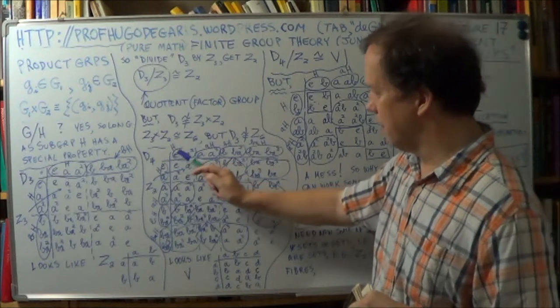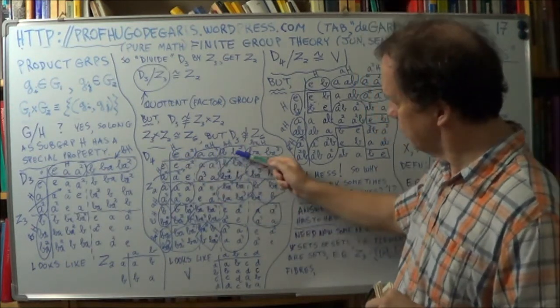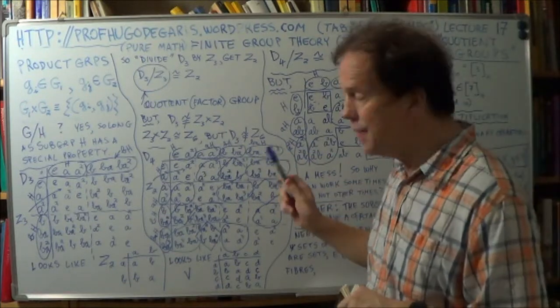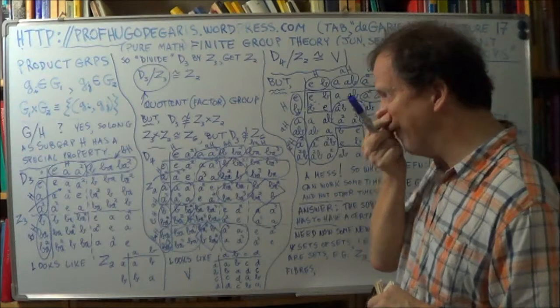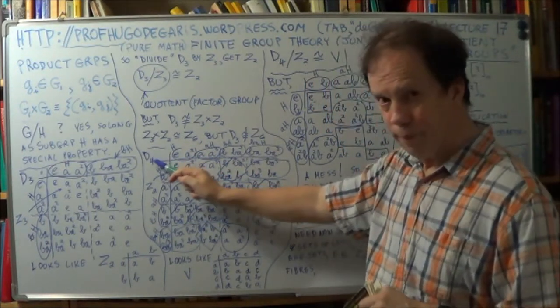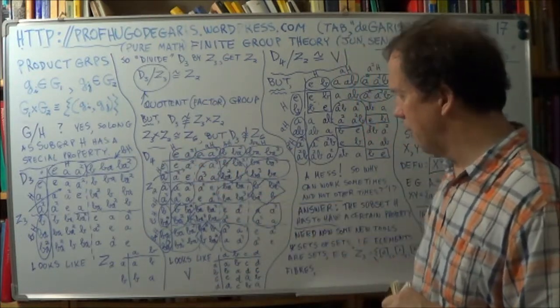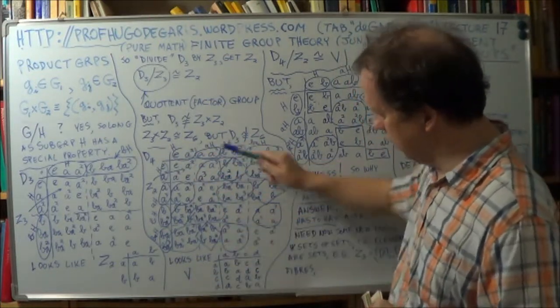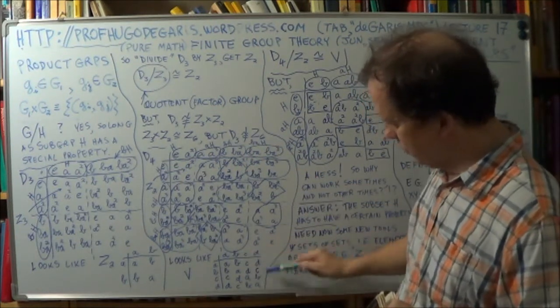The subgroup we chose, from which we found all these cosets, was just E, A squared. And that was our subgroup. And we divide D4 by that subgroup, so it'd be like D4/H.